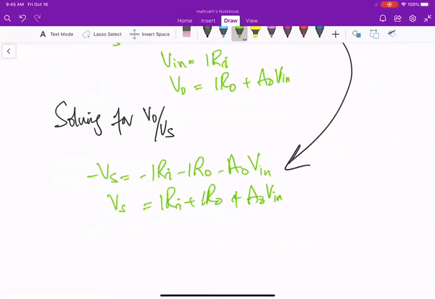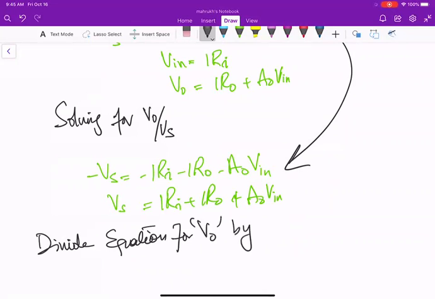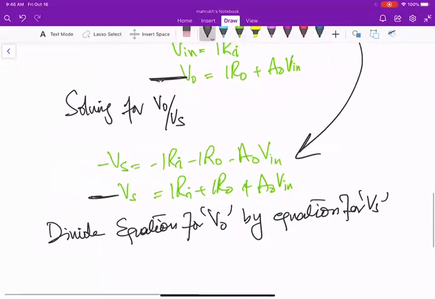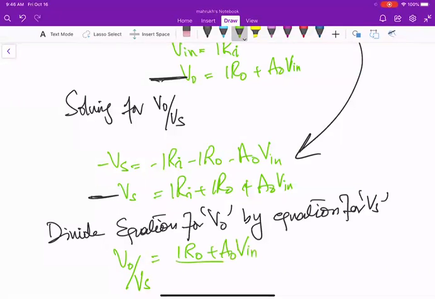Okay, so I divide the equation for V naught by the equation for Vs. So V naught by Vs is equal to IR naught plus A naught V in divided by IRI plus IR naught plus A naught V in.